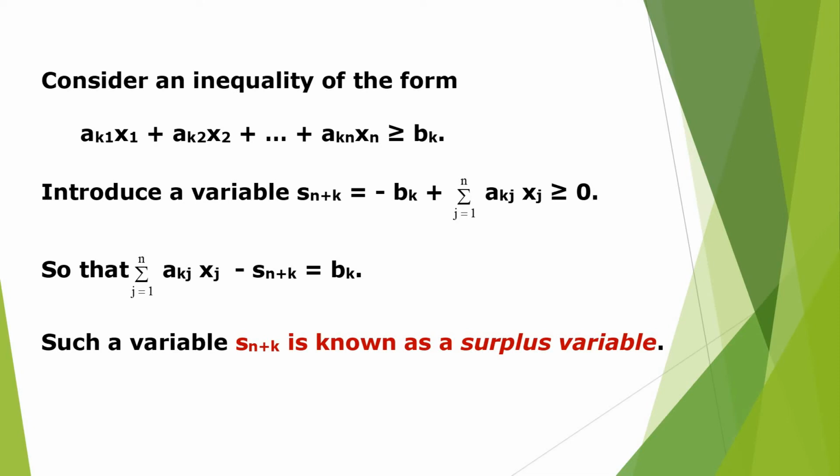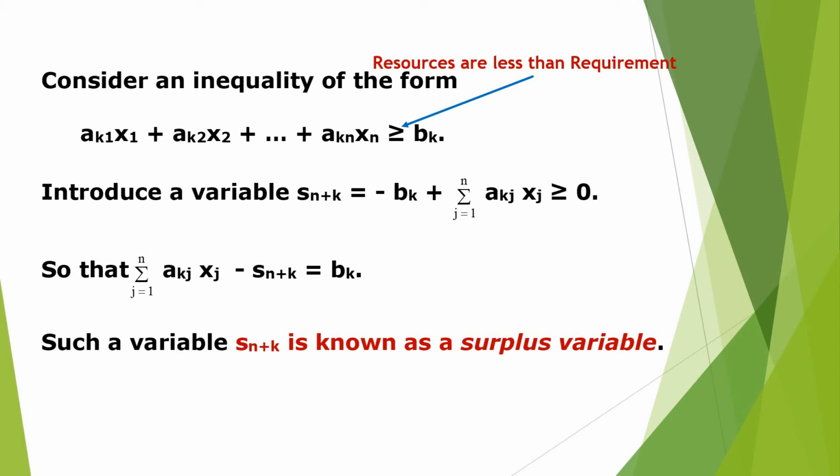Next, consider an inequality of the form ak1 x1 plus ak2 x2 plus akn xn greater than or equal to bk. What exactly does greater than or equal to interpret? You have resources less than requirement. That means I should reduce my requirement. So introduce a variable Snk equal to minus Bk plus sigma j equal to 1 to n Akj xj.